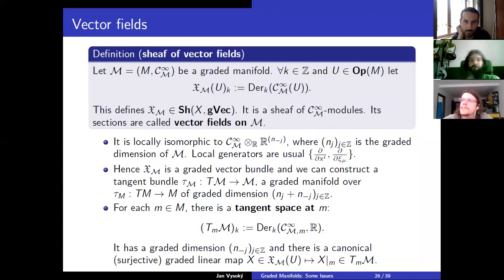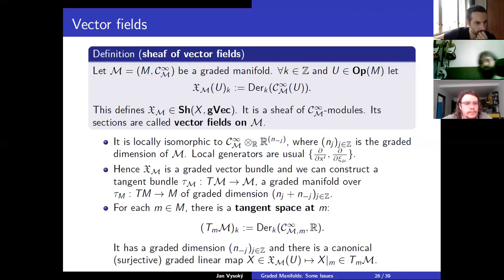But I don't know yet if there is a good notion of section of a graded vector bundle. If I start with this kind of map, I'm not sure how to recover them yet. But it's a good question, and this is very similar to actually Mark's question.